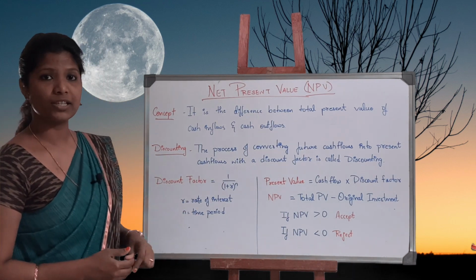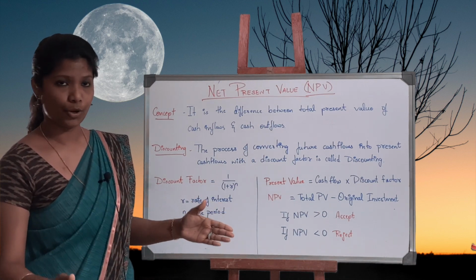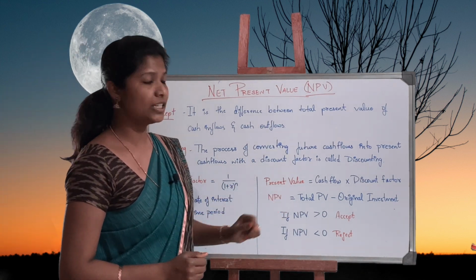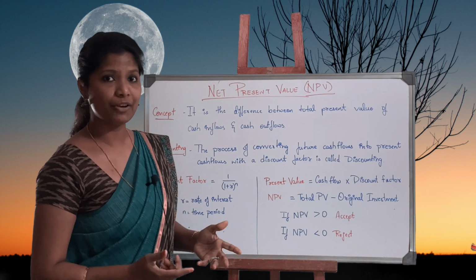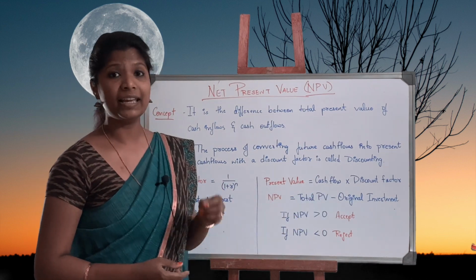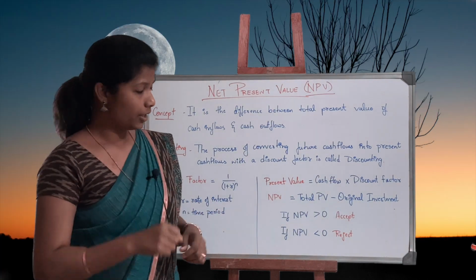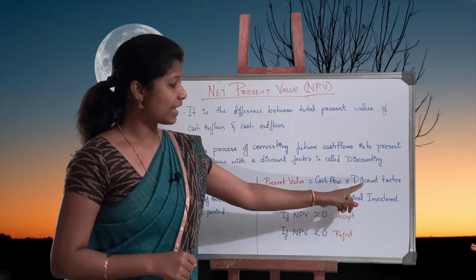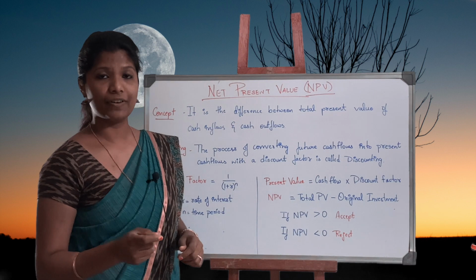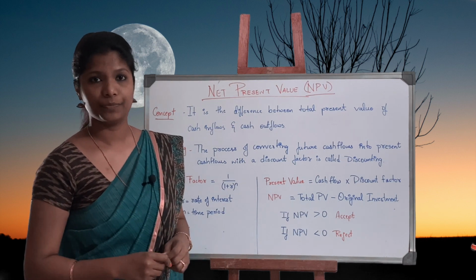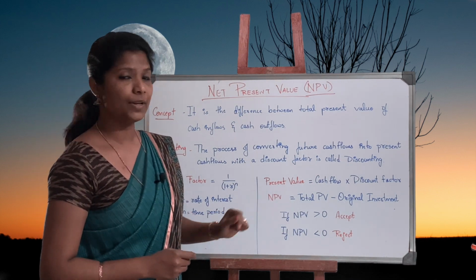After finding out the discount factor for the life of the project, we're going to find the present value of the project. How do I find it? Cash flows will be given in the question, and the discount factor you have found out. When you multiply cash flows and discount factor, you find the present value. Next up we have net present value.